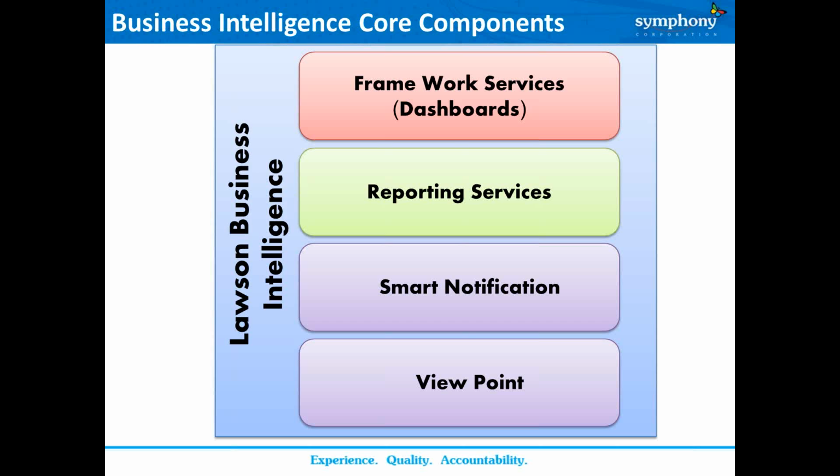Moving on to smart notification. Smart notification is kind of an online alert, like an email alert. There are certain notifications that you can set up or develop within smart notification against your online Lawson database or any other SQL database, where something happens instantaneously and should be notified to certain people in the department, like the VP or procurement director.